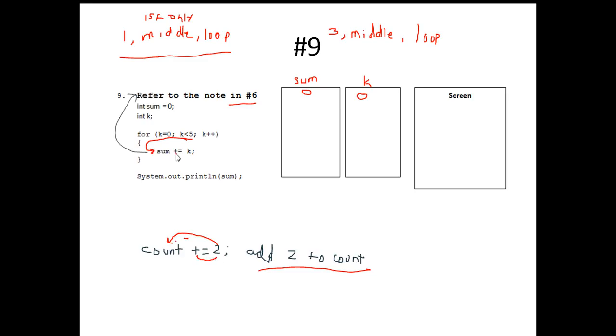So we're going to add k to sum. So sum is 0 and k is 0. And so sum is assigned to be 0, which it already is, so we'll leave it right there. Now, the for loop ends here.